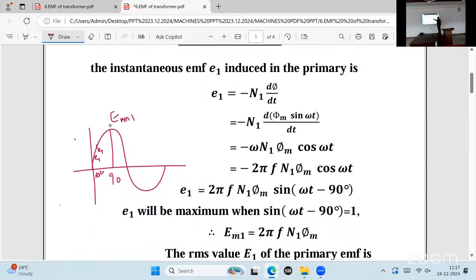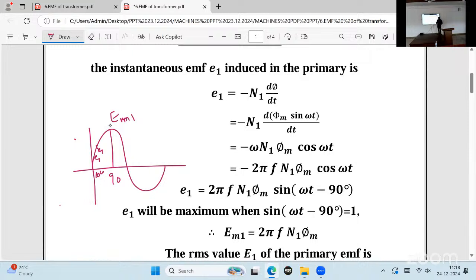Make the derivation. What is omega? 2 pi f. Minus cos omega t is sin omega t minus 90. I want to reach maximum E m1 when it reaches 90 degrees. So E1 will become maximum when sin omega t minus 90 is equal to 1. Substituting this, we get E max 1 is equal to 2 pi f N1 phi m.